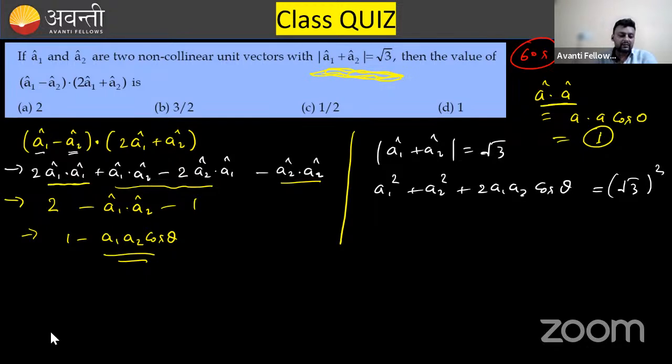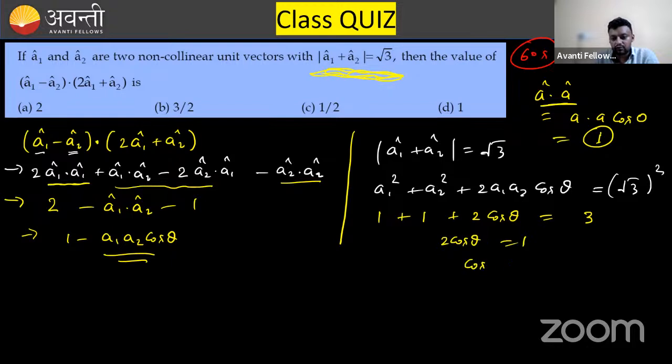Now again the same thing will happen. A1 and A2 both are unit vectors, so this will be 1 plus 1 plus 2 cos theta is equal to 3. So what is the value of cos theta? 2 cos theta is equal to 1.